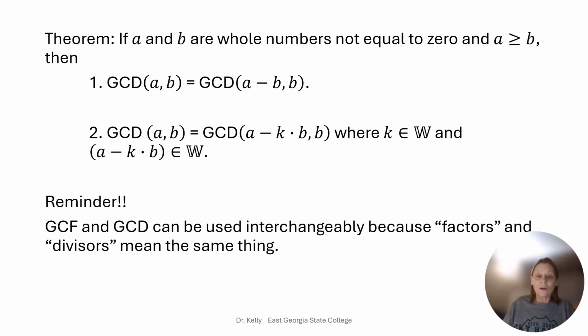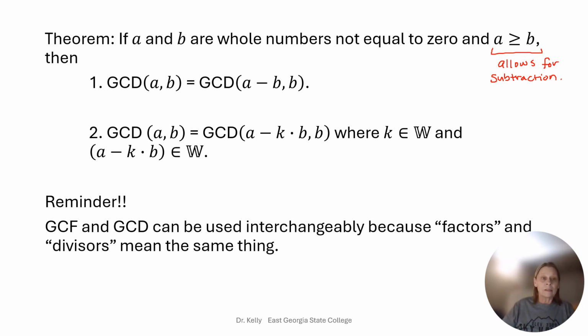All right, so let's talk about this particular theorem real quick. If A and B are whole numbers not equal to 0, and A is greater than or equal to B, remember that this condition here is the condition that allows for subtraction and division, to be quite honest, but let me just call it subtraction to be basic about it.